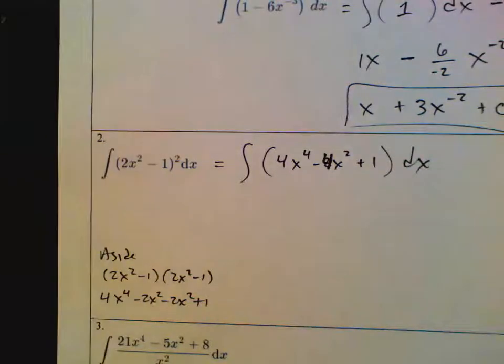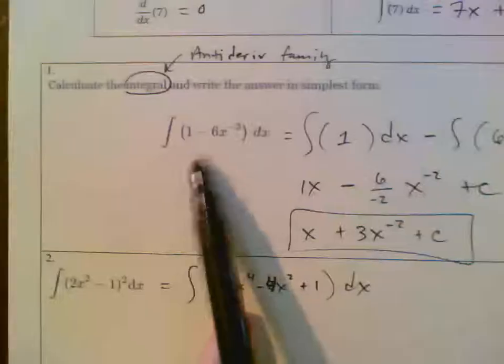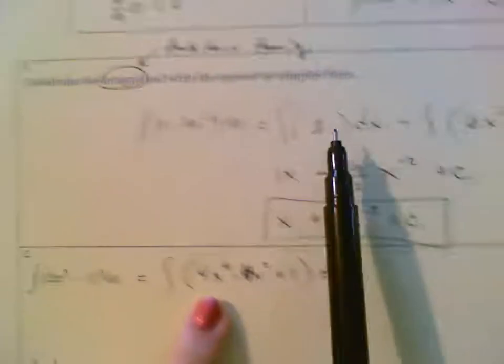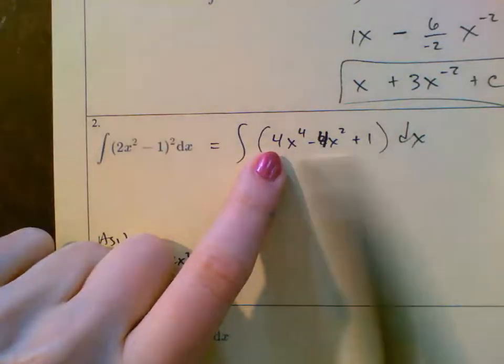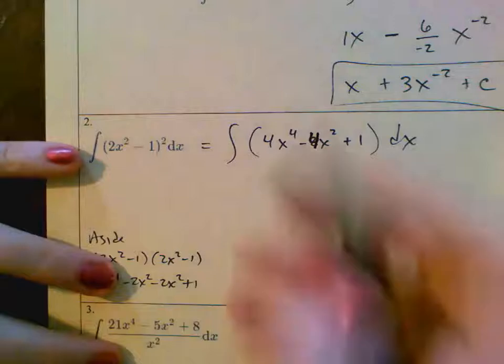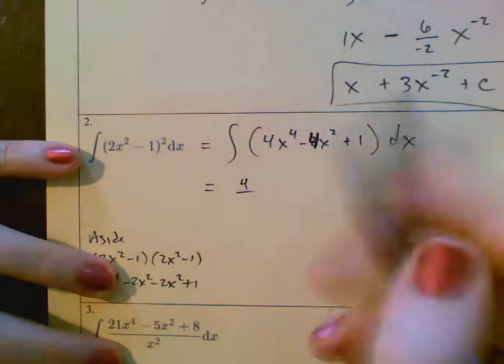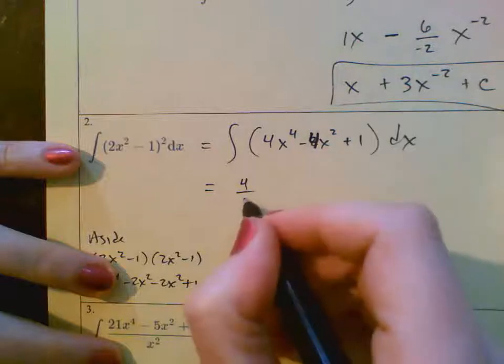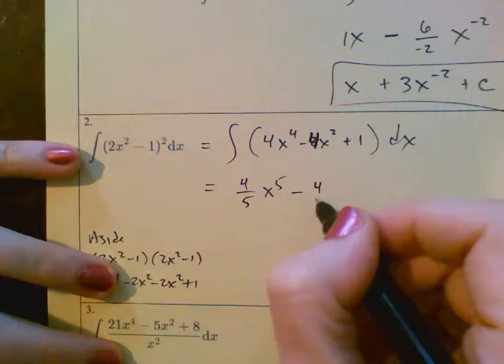Now, we don't have to separate the antiderivative or the integral for each term. We can just think of them separately. So we're doing 3 separate antiderivatives. So I'm bringing down the coefficient 4. I'm going to divide by 4 plus 1 is 5, x to the 5th, minus 4.